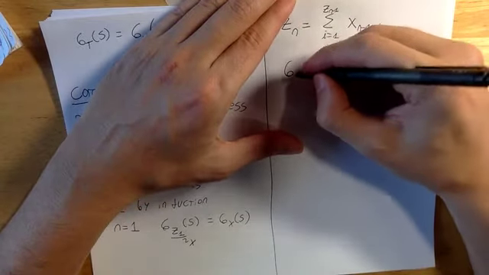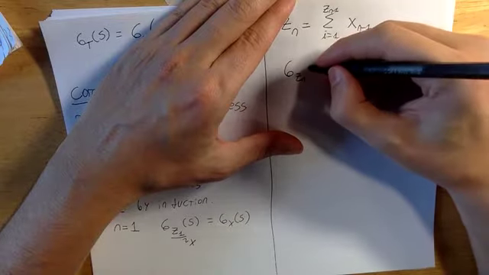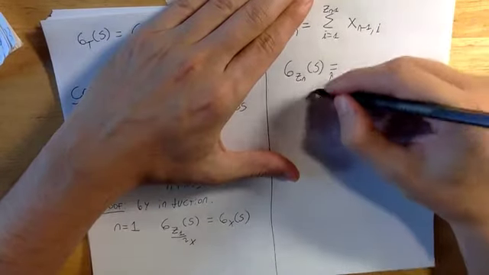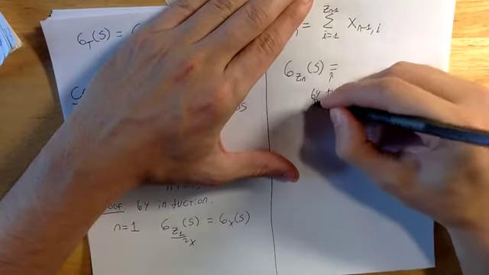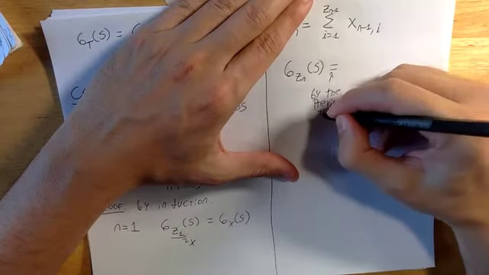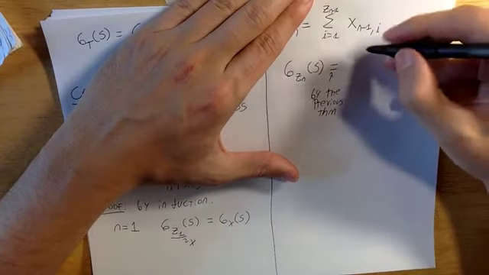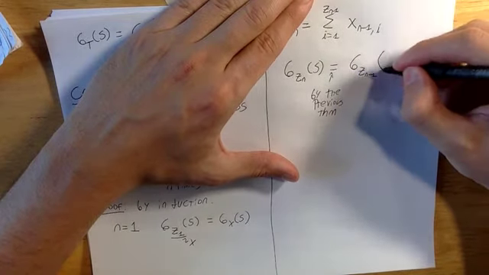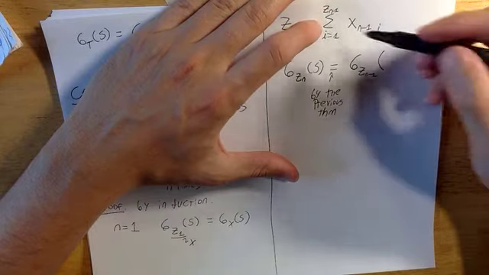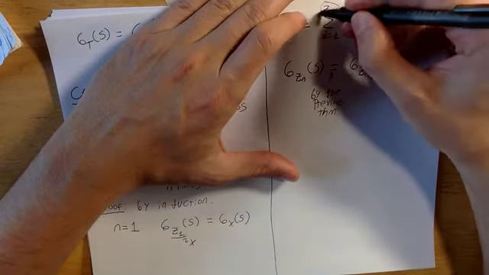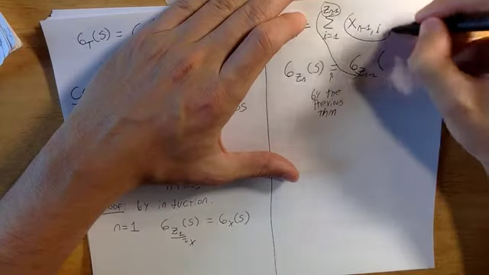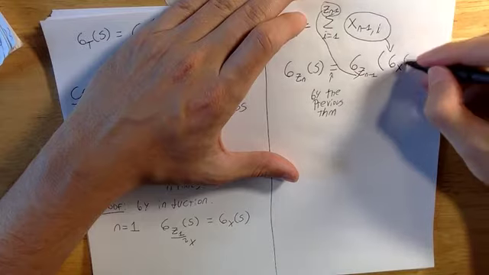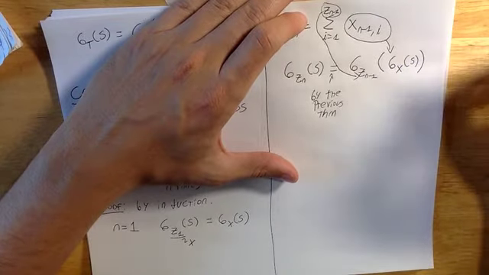So then G of Zn at s, by the previous theorem, is equal to G of Z_{n-1} applied. So this is now my capital N. And now we have to put the distribution of these guys, which is G_X of s. Okay?